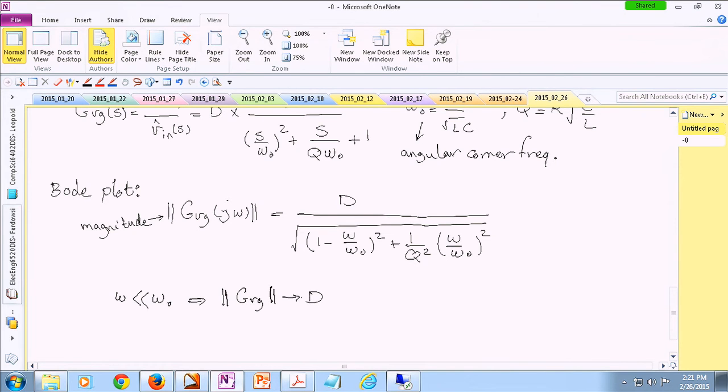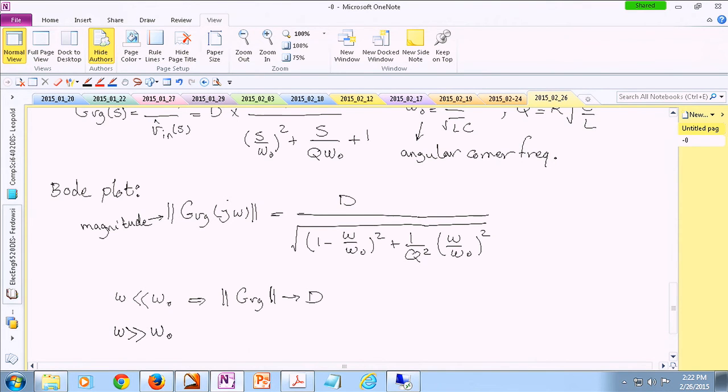If omega is much smaller than omega naught, this is almost 0, this is almost 0. In the bottom, we only end up with 1, and then d divided by 1 is d. So that's an asymptote.